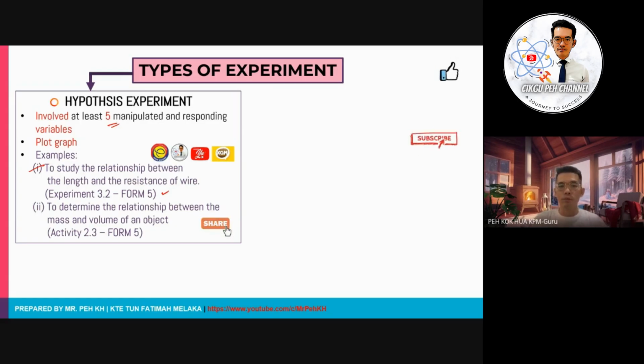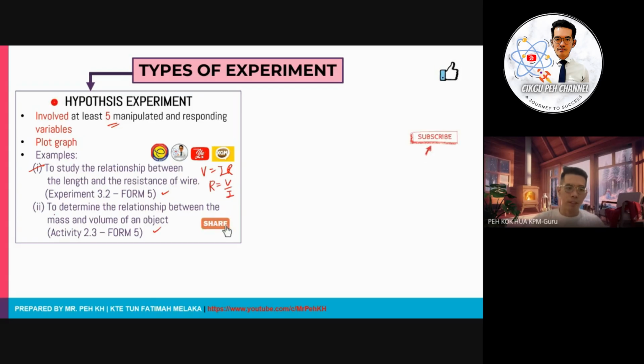The students measure the voltage and the current through the voltmeter and the ammeter, then use Ohm's law, V equals IR, so R is V over I. This is an example of a hypothesis experiment.